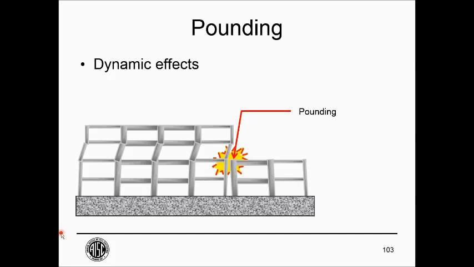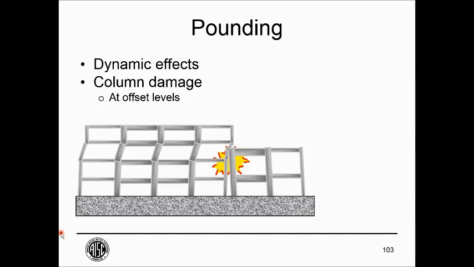That's called pounding. And that can be especially serious at property line locations where perhaps the story height differs from one building to the next, and we're not hitting one diaphragm against another, but we're hitting a diaphragm against a column and perhaps causing instability.